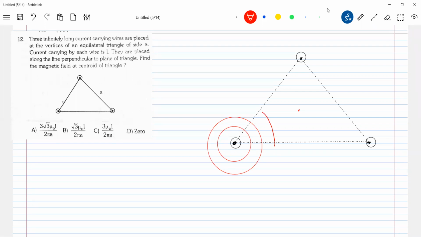Centroid we'll take. The distance between the lines of force should increase because B bar will be non-uniform. It's a rough diagram.